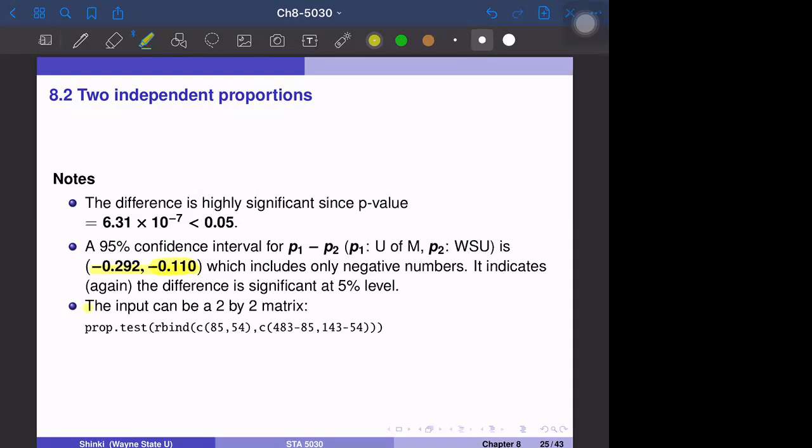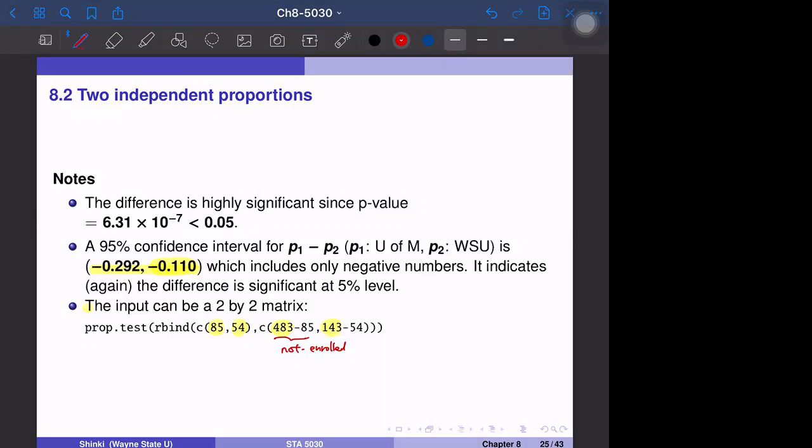And the last point, the input can be a 2x2 matrix. Originally we put the vector of 85 and 54 and another vector of 483 and 143. But if we put the number of not admitted, not enrolled students, then we can do the same test with just one matrix.